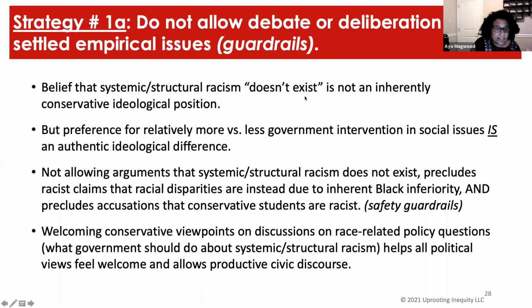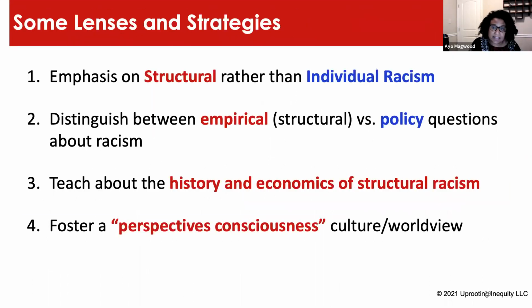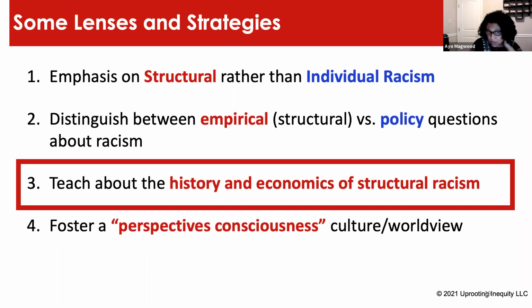That allows you to welcome conservative viewpoints on discussions on race related policy questions, what government should do about structural racism, and helps all political viewers feel welcome and allows productive civic discourse, basically once you have stripped the racism away from that. So that's distinguishing between empirical versus policy questions.